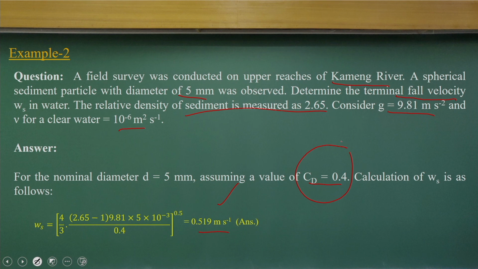Here we have assumed the CD value and just computed with the formulas to show you that you can go to the field, collect this sediment, find the sediment concentration and particle size, and then find the terminal fall velocity.